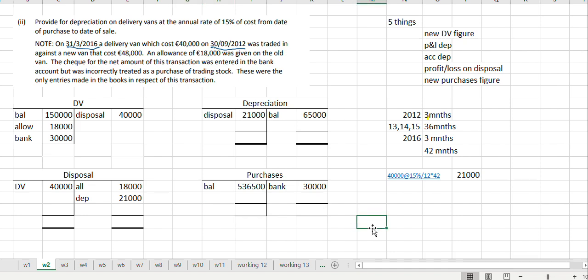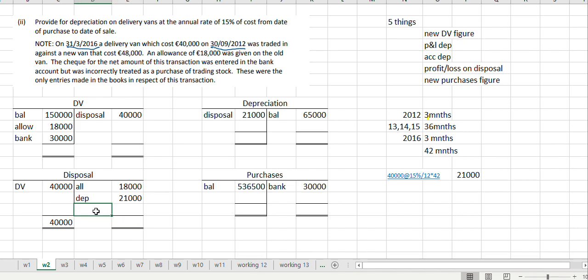So now we have that information for the disposal depreciation. We can go ahead and balance off some of these key accounts and get some figures. First of all, I'm going to deal with the disposal account. If you add up both sides, you have 40,000 on this side, you have less on this side, 39,000.